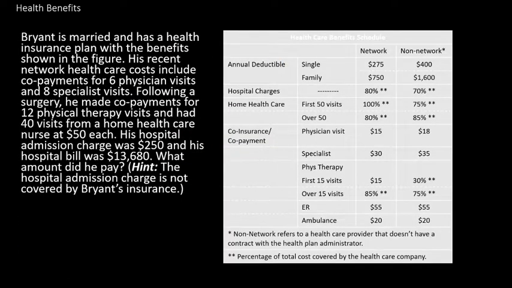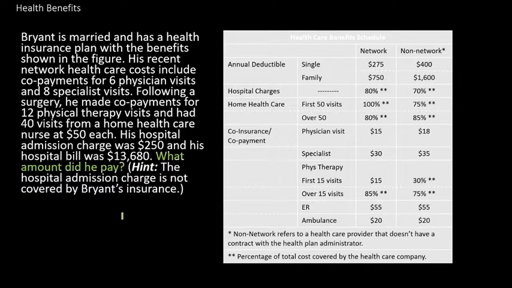Let's say Bryant is married and has a health insurance plan with benefits shown in this figure. His recent network healthcare costs include, and once again they give us the co-payments, physical therapy, home health care visits, etc. And once again, we are asked to figure out what amount did he pay.